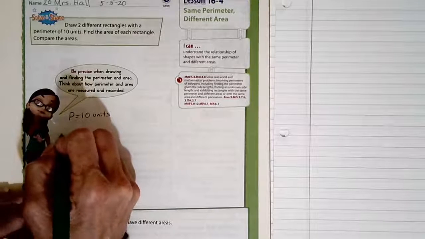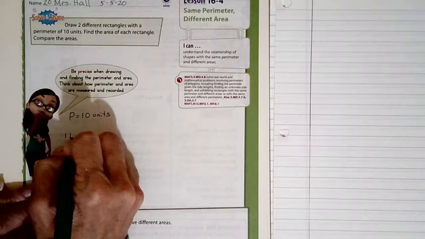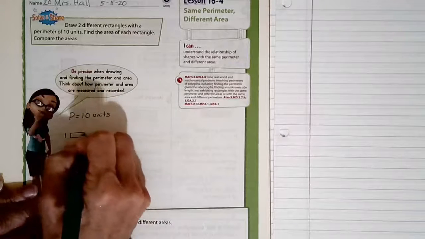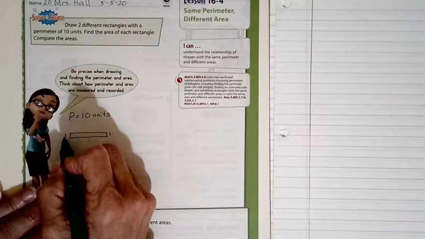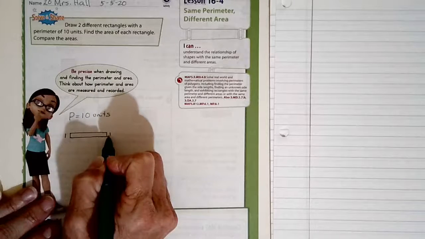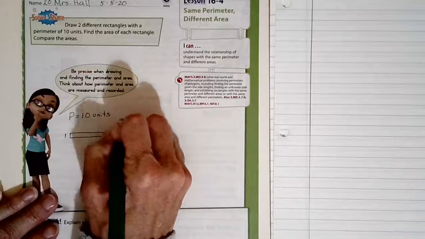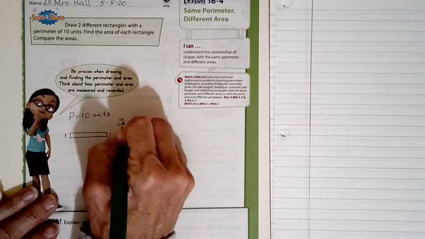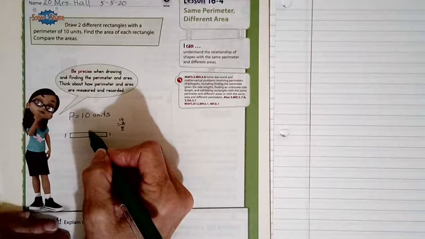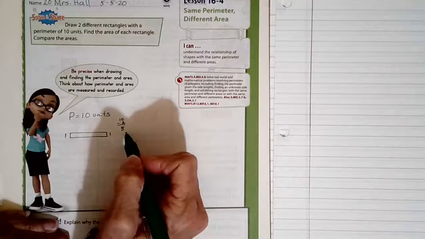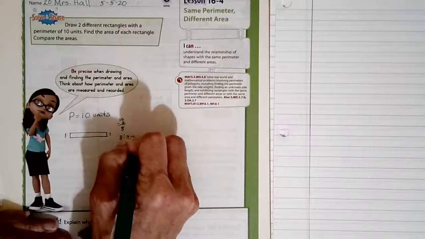The first way I think of is I could do 1 unit on the length. And so if I have 1 here and 1 here, that's 2 of my 10 units. So it would be 10 minus 2 leaves me with 8. And I have to have 8 on two sides, so 8 divided by 2 equals 4.